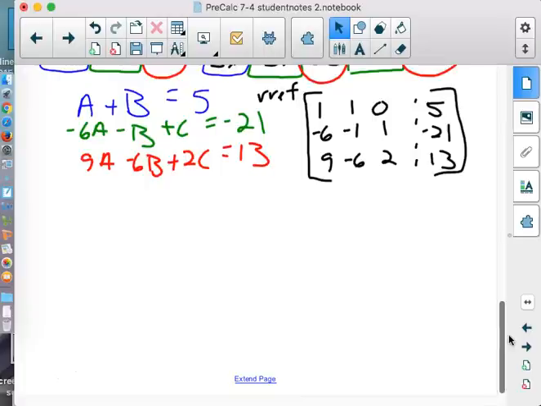Back to the main screen. Matrix math. RREF. And then pick the name of the matrix, whatever it was you put it in for. And there we are. There is our result.